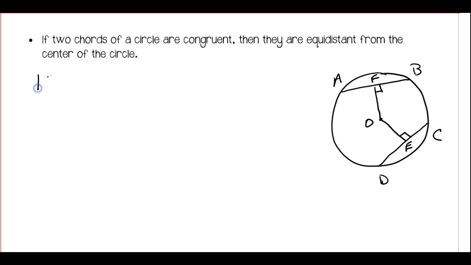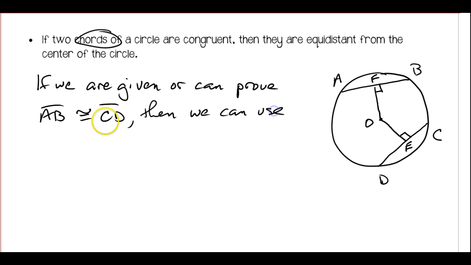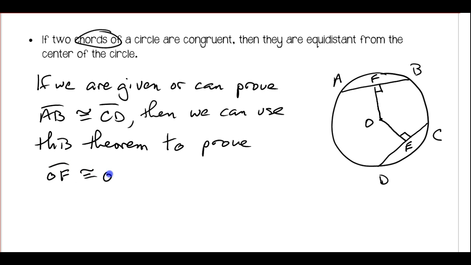So now for this one, if we are given or can prove AB is congruent to CD, so now we're starting with the chords congruent, then we can use this theorem to prove OF is congruent to OE.